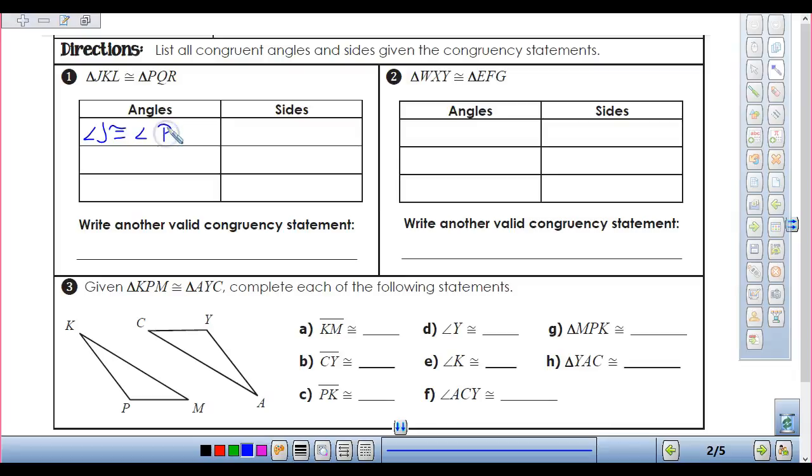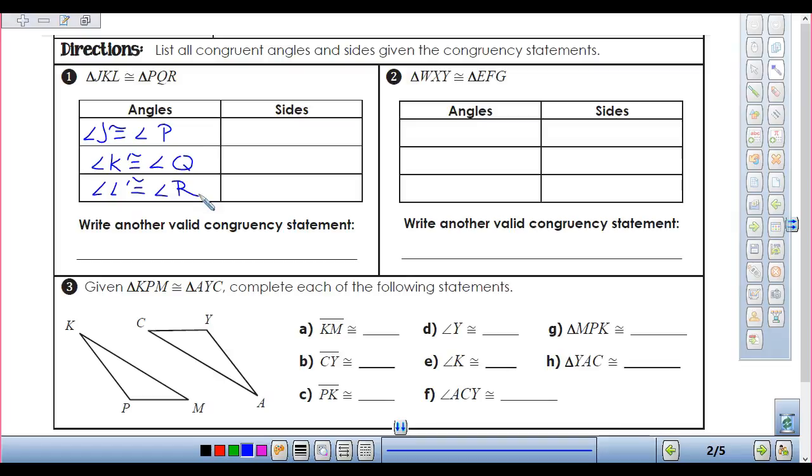P, because they're corresponding, the first letter of each. Angle K is congruent to angle Q, and angle L is congruent to angle R. Make sure you use your angle symbol there.